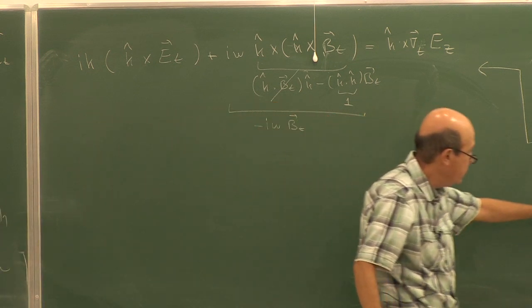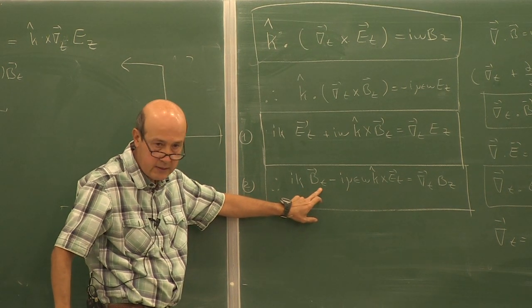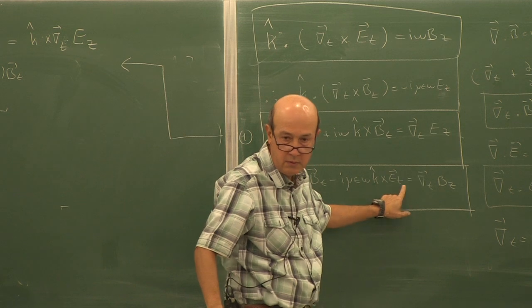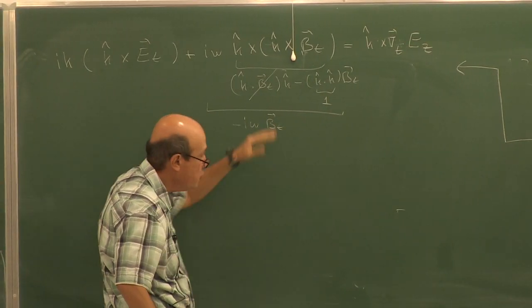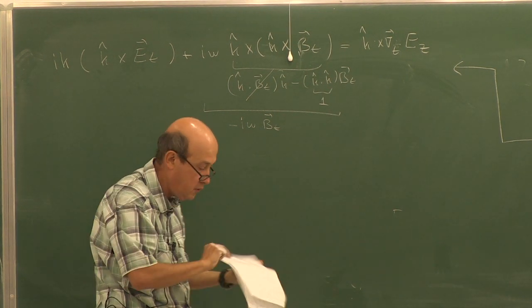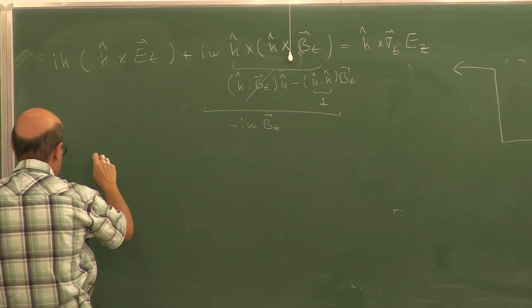Look at the second equation here. Is there a B transverse alone? Yes. What else do you have? k cross E transverse. Do you have k cross E transverse? Yes. Can you solve these equations? Eliminate the k cross E transverse. I am not going to do this, but what are you going to find?